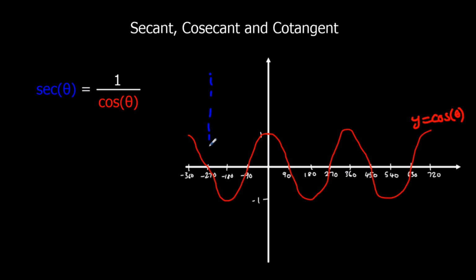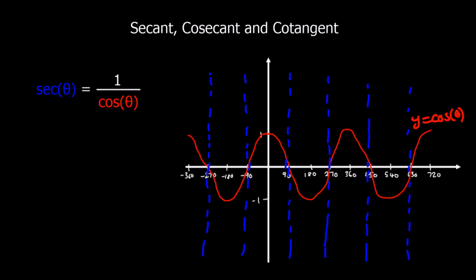So wherever the cos graph goes through 0, we have an asymptote. Then wherever cos theta is at 1, 1 over 1 is 1, so sec theta is also at 1. So all these points, sec theta will be at 1.